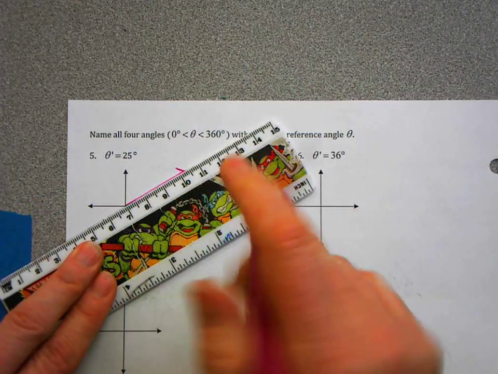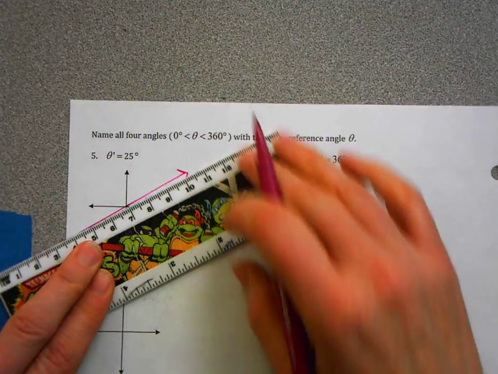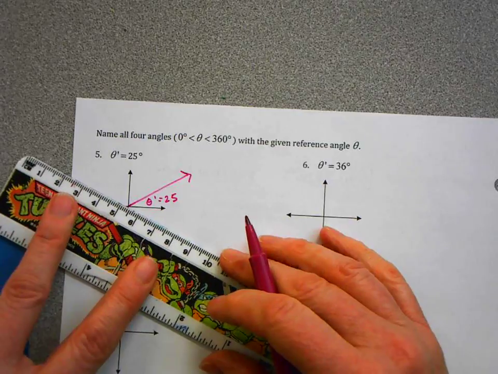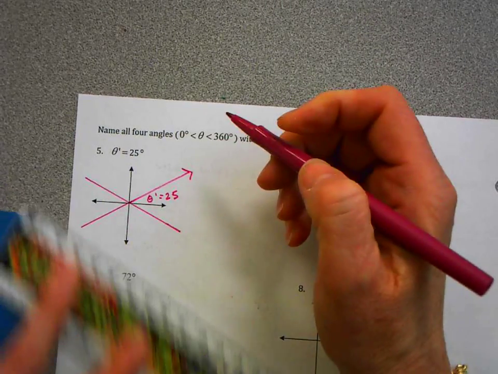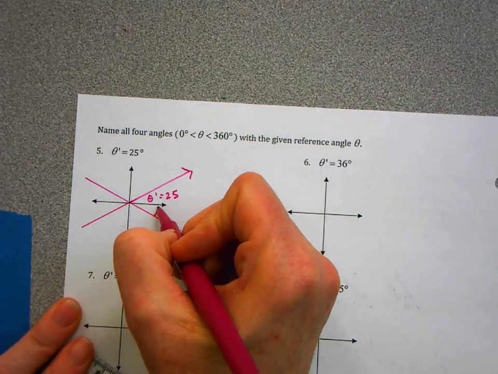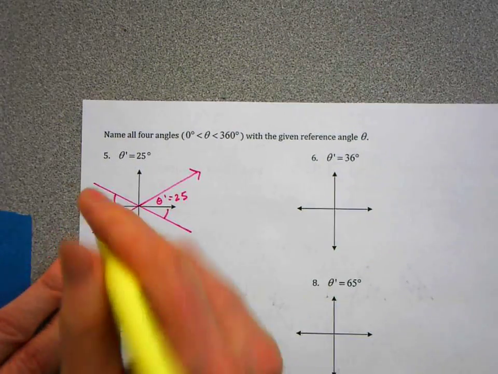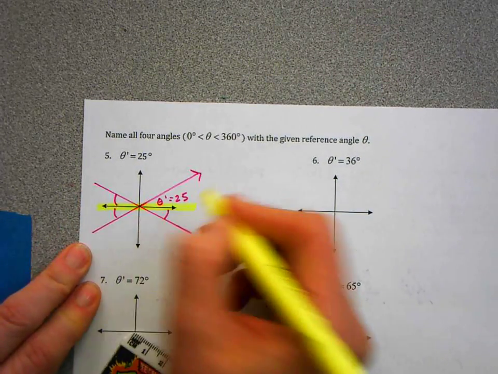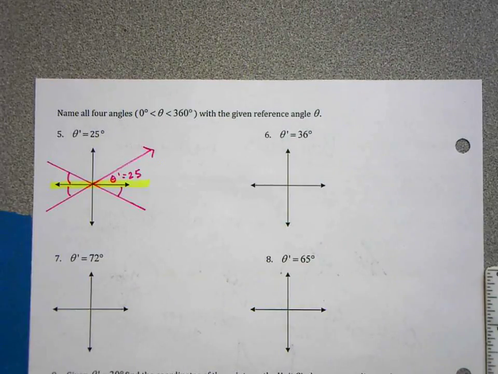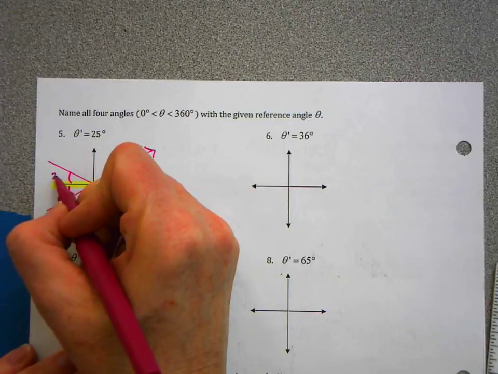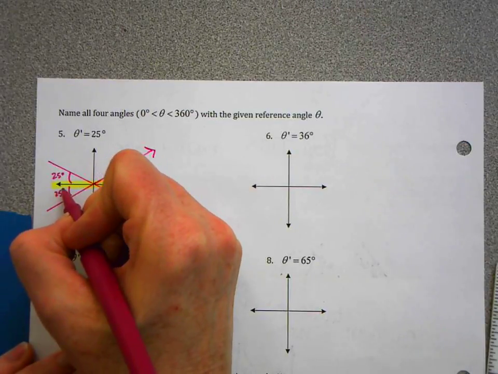You can draw just these bow ties, right? And we want 25 degrees with the horizontal in every one, so make sure you highlight your horizontal. We know that each of these little angles measures 25, 25, 25.